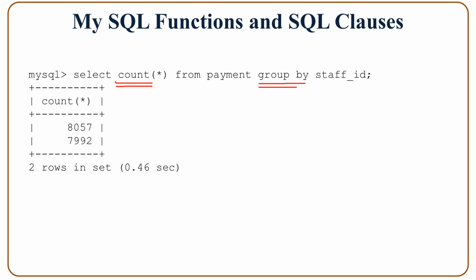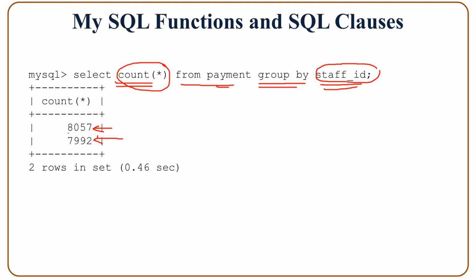So this is for the first staff, and this is for the second staff. The first staff handled that many records, or transactions or payments, and the second staff handled that many transactions.